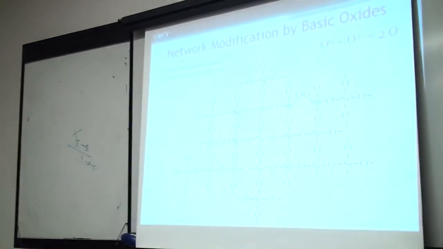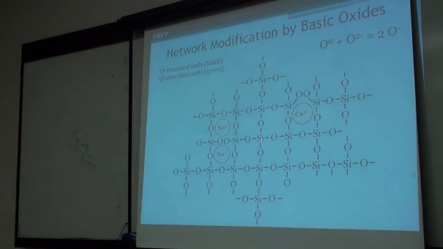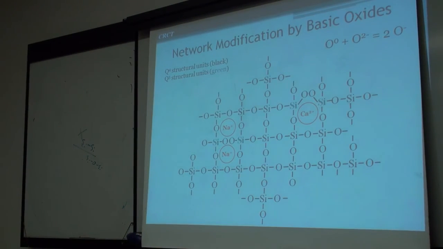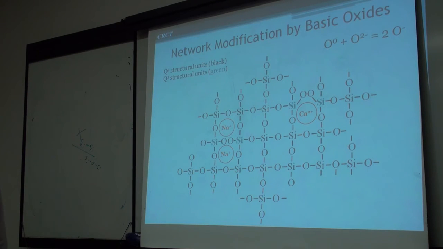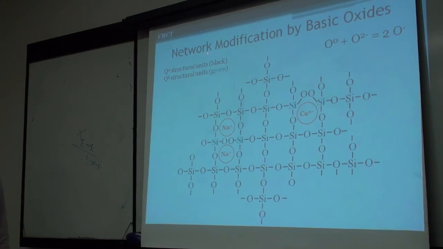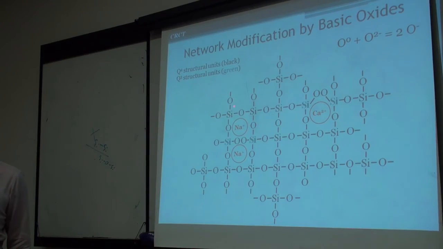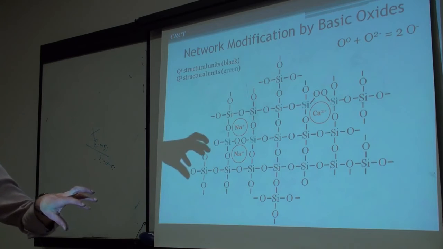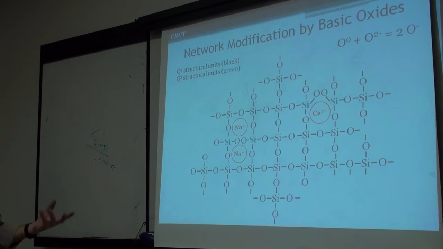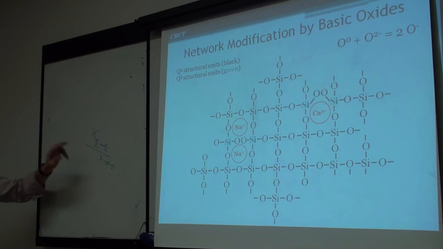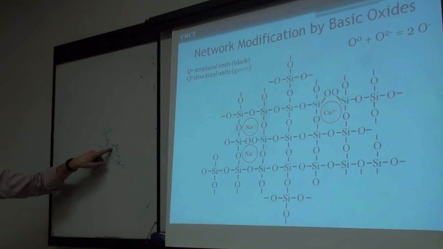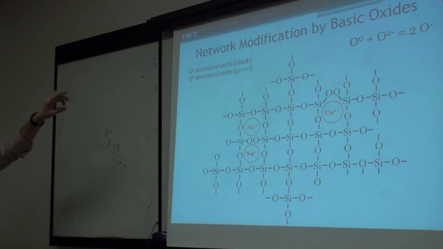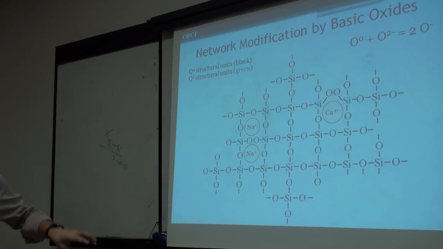If I know that, I can do a little mathematics and calculate the probability of any silicon being a Q4 or a Q3 or a Q2 or a Q1, just from the structure. So you're going backwards: we're using the quasi-chemical model from the thermodynamics to calculate the bond fractions, and so we can back calculate the Q4, Q3, Q2, and Q1 structural units.